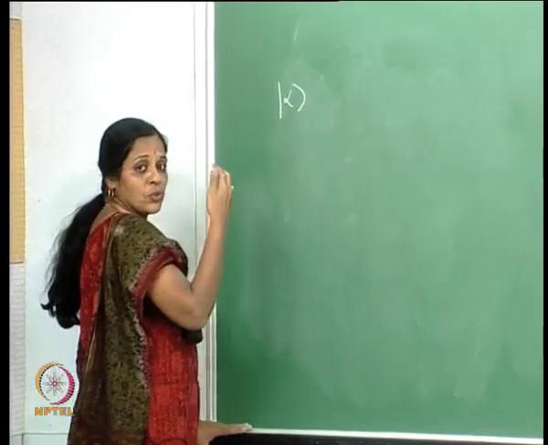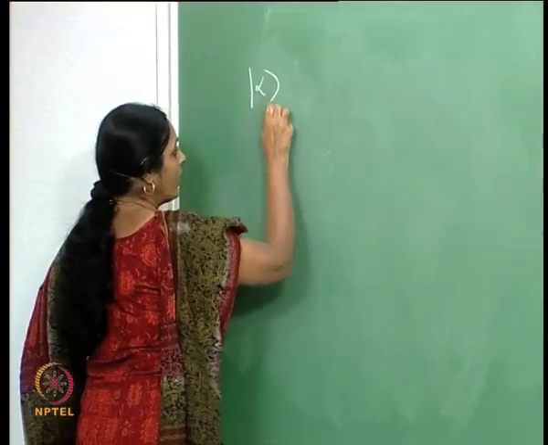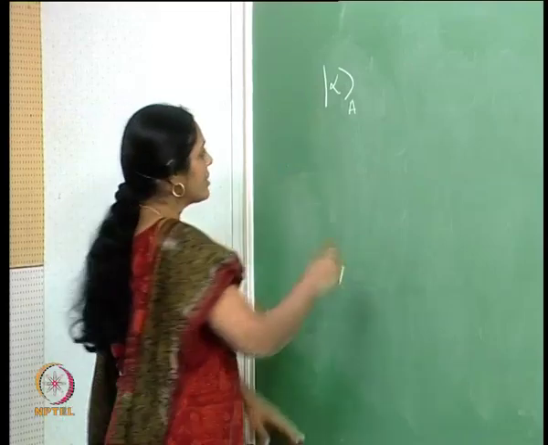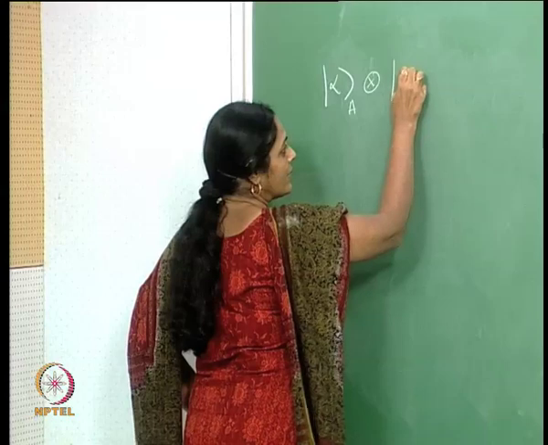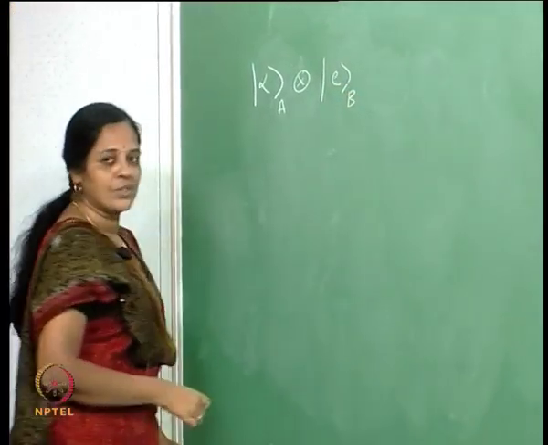So if I refer to the light as subsystem A of the entire system, A could well be the coherent state, and it is a factored product of the atom state, maybe the excited state of the atom, maybe the ground state of the atom, and I call the atomic system B.